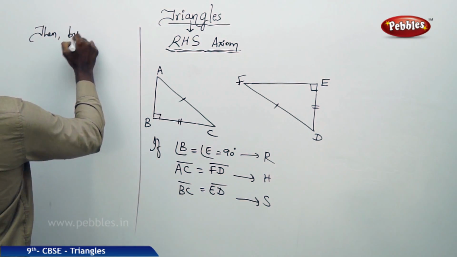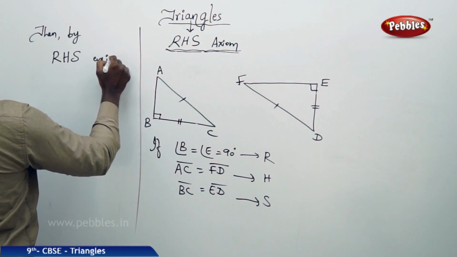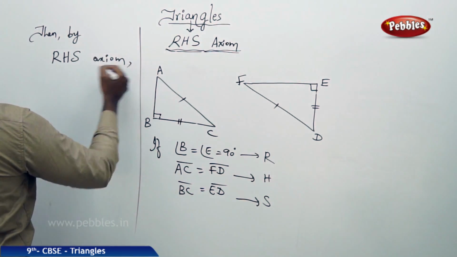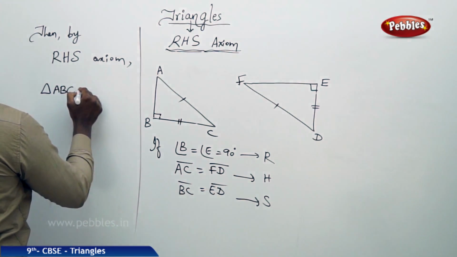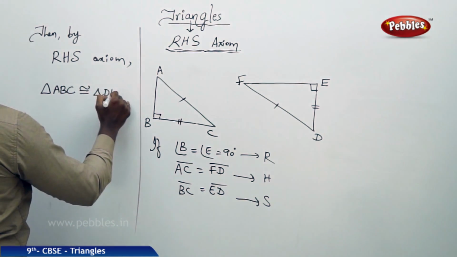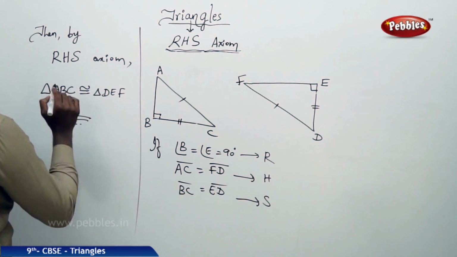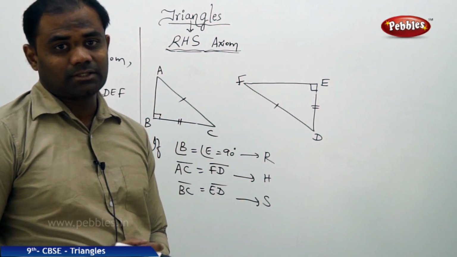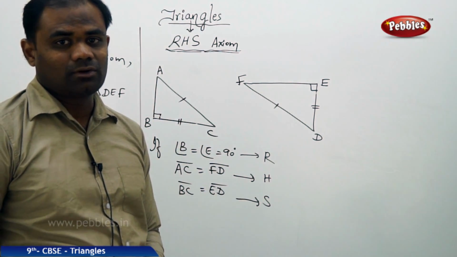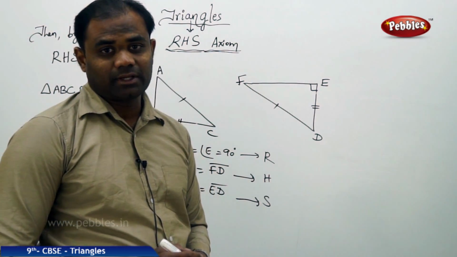Then by RHS axiom, triangle ABC is congruent to triangle DEF, is how we understand the RHS axiom. Two triangles are congruent when they are connected with the RHS axiom.